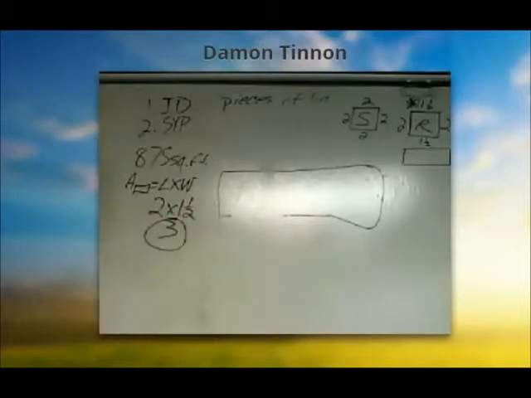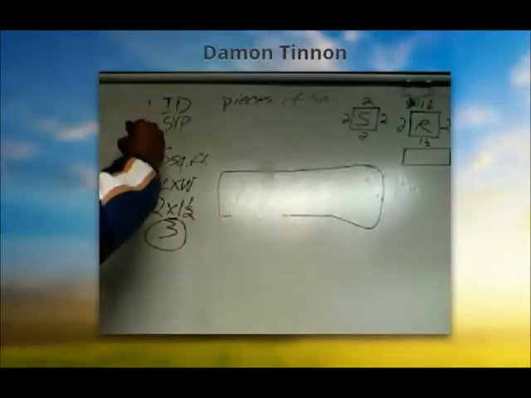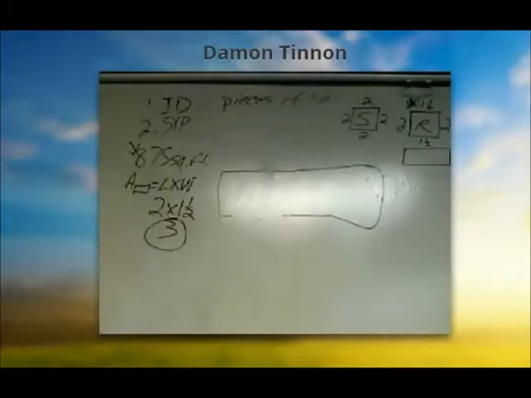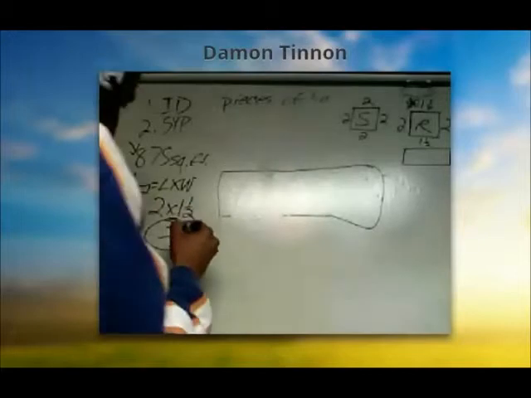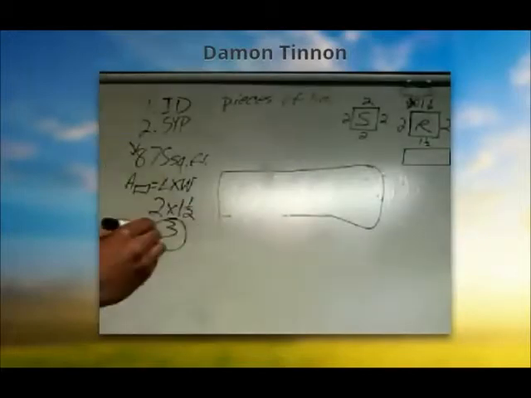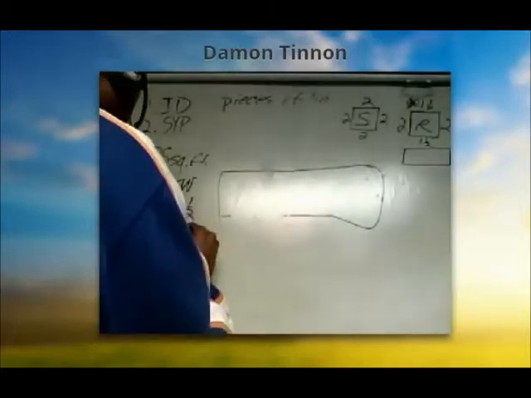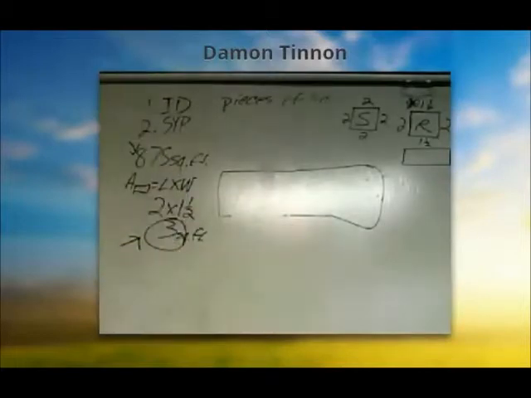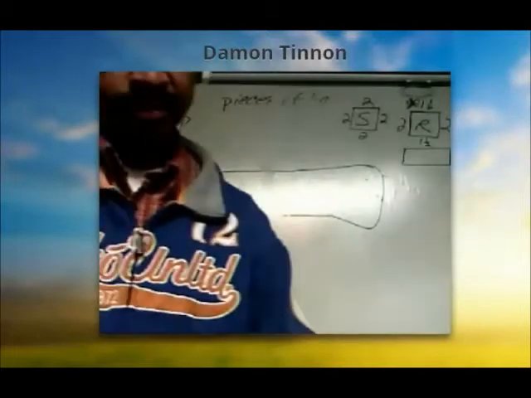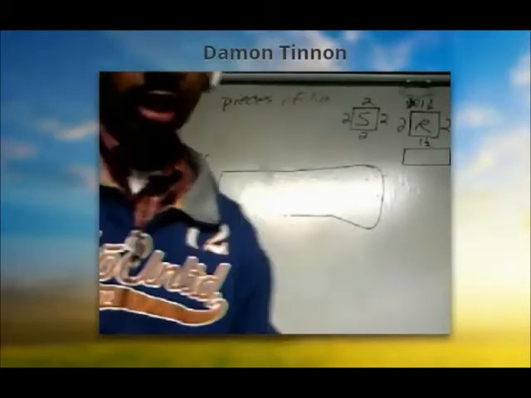Right. Okay, so now you have 2 pieces of information. You have the square footage of the kitchen is 875, and then each piece of linoleum is 3 square feet. Okay. So now what are you going to do with that information?